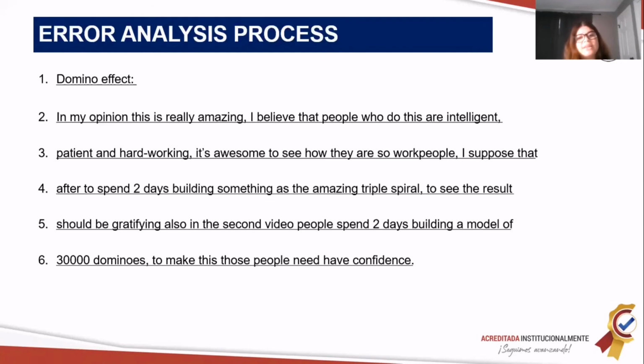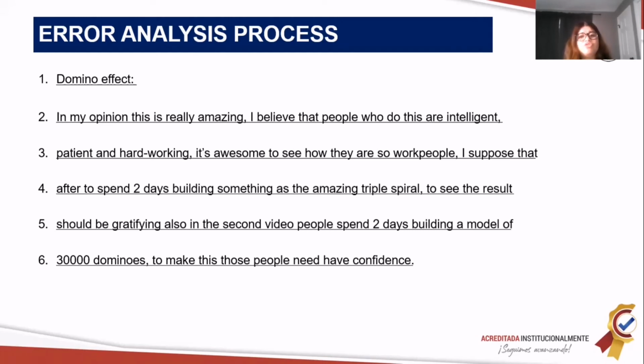Following this, I identify the possible errors or mistakes in each of the lines and place them in the box corresponding to the line. Having identified the error, I proceed to correct it in the best way possible.